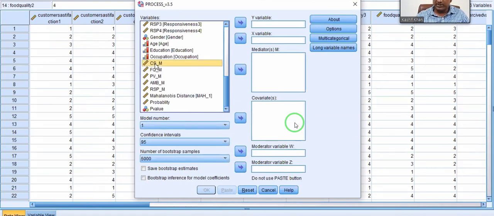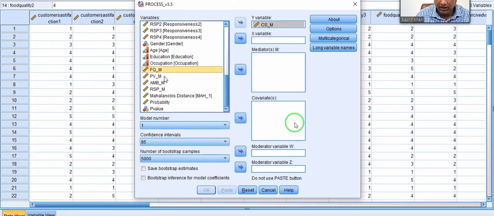Again we'll be taking the mean values. We know customer satisfaction, and number one we'll be running a simple moderation. So let's set CSM as the Y variable; this is what we want to predict. And we know FQ, so which one do we want to take as the moderator?